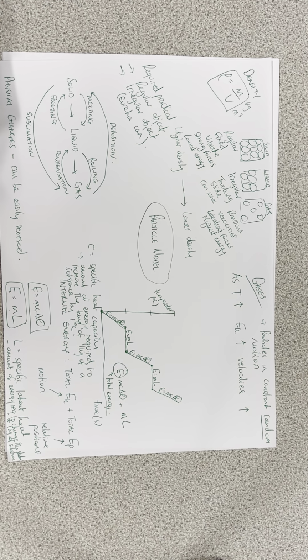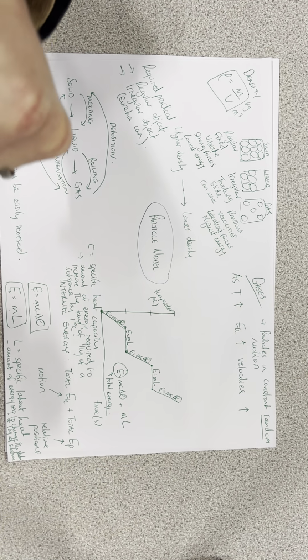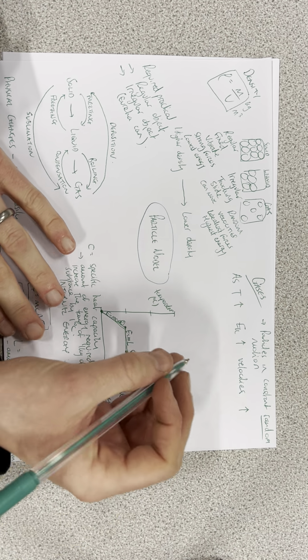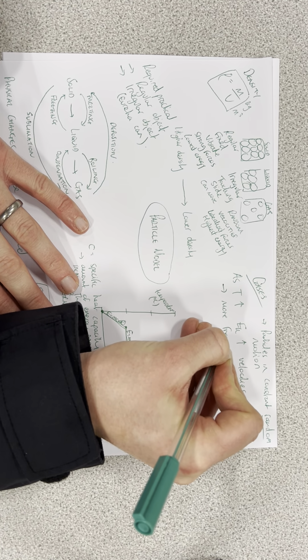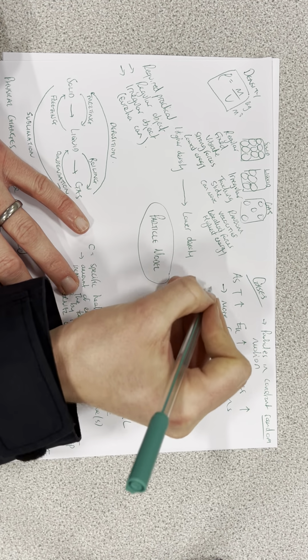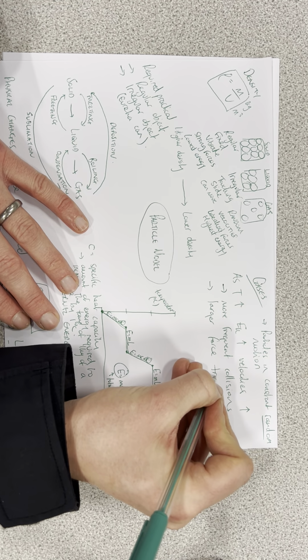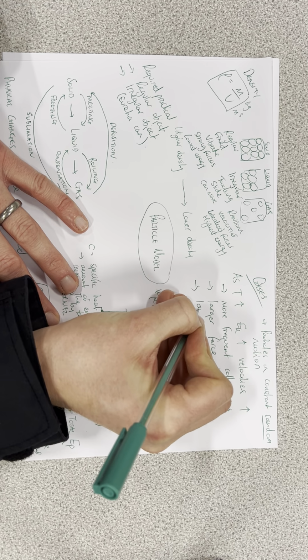Now, when gases are travelling faster, they're going to collide more frequently. And because they're travelling faster, each collision is going to transfer a larger force. Okay, so what we'd say is there would be more frequent collisions, that's with each other and with the container. Larger force transferred. And that means that there would be a larger pressure.